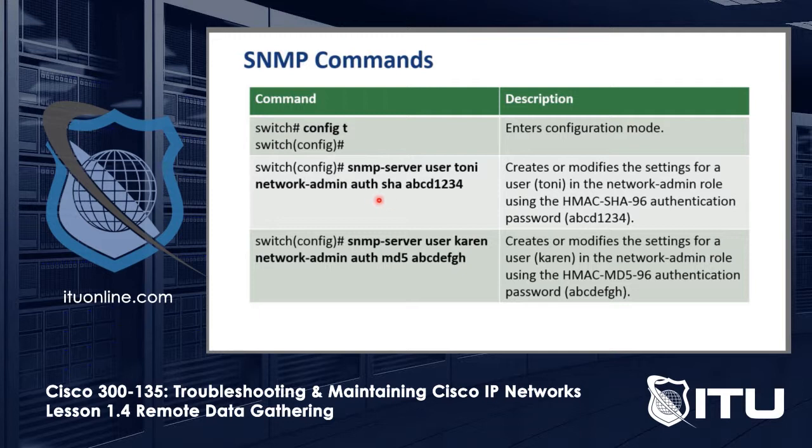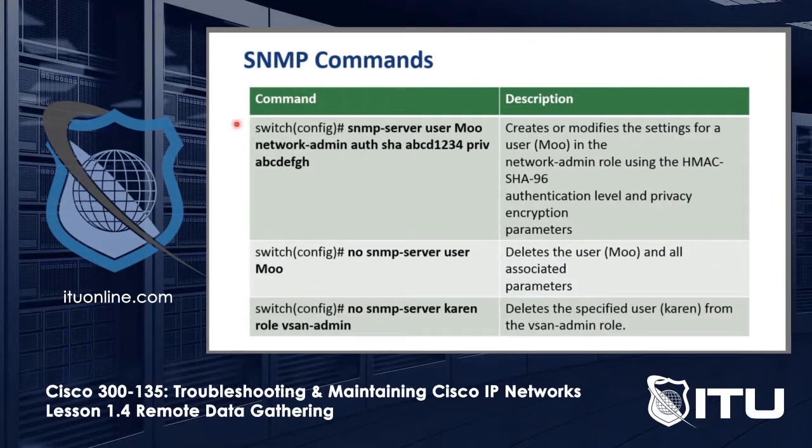And then we can go to another device and we can set up snmp-server. We can have a user, Karen. And in this case, Karen is using MD5 to authenticate. So here are some examples for setting authentication. We can also set up the SNMP server here, and we can have a user called Moo.